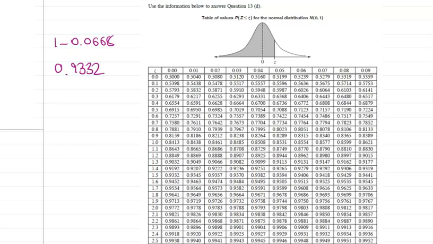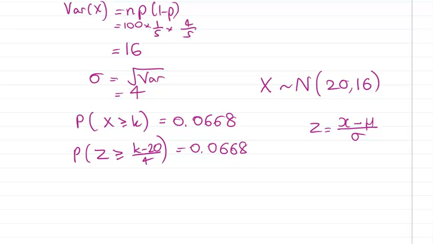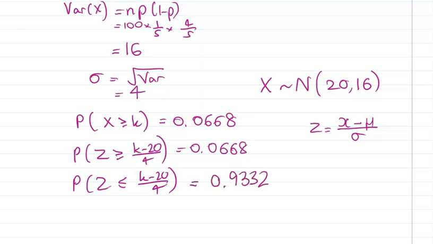And it is here. 0.9332 occurs at a z score of 1.5 straight off the table. Okay, so let me use that in my working now. I know that I'm actually interested in being less than or equal to k minus 20 on 4 equals 0.9332, and the table tells me that this is a z score of 1.5.